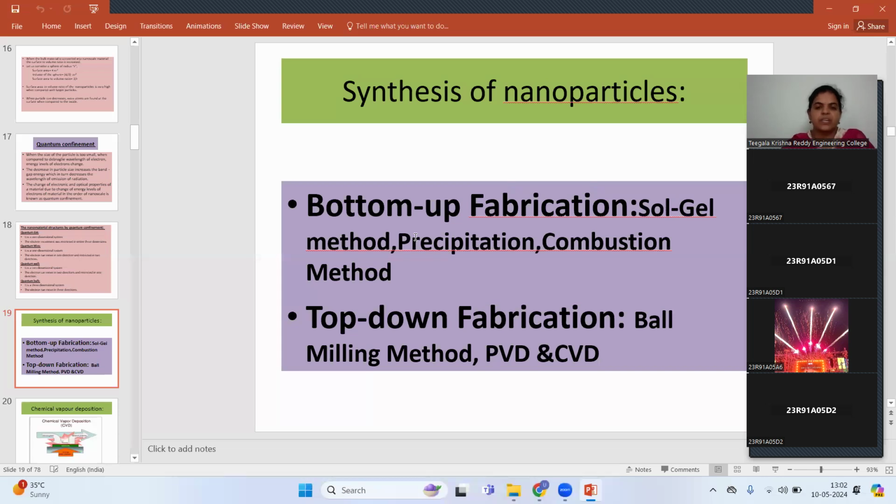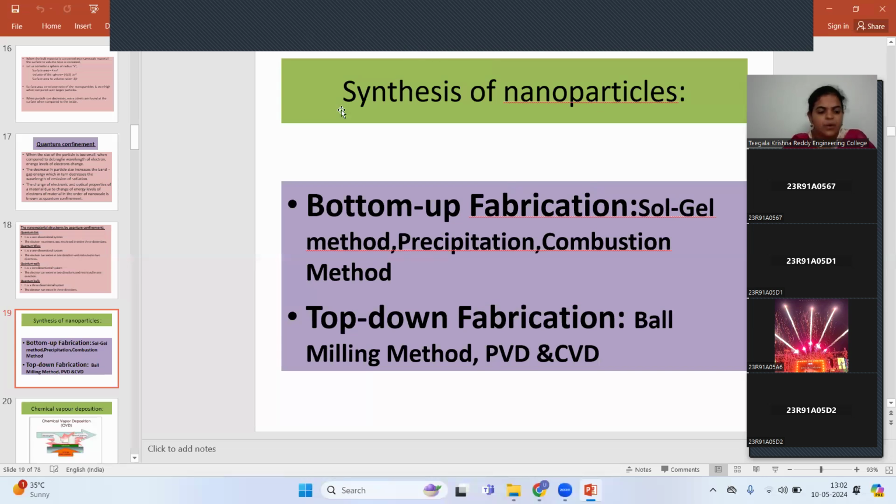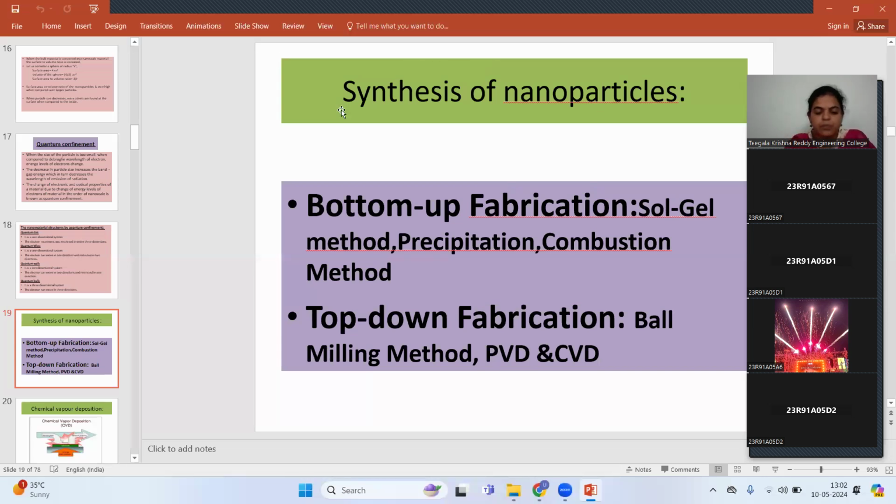And now the preparation, synthesis or production of nanomaterials. Nanomaterials can be prepared in 2 ways. They are top-down fabrication and bottom-up fabrication.